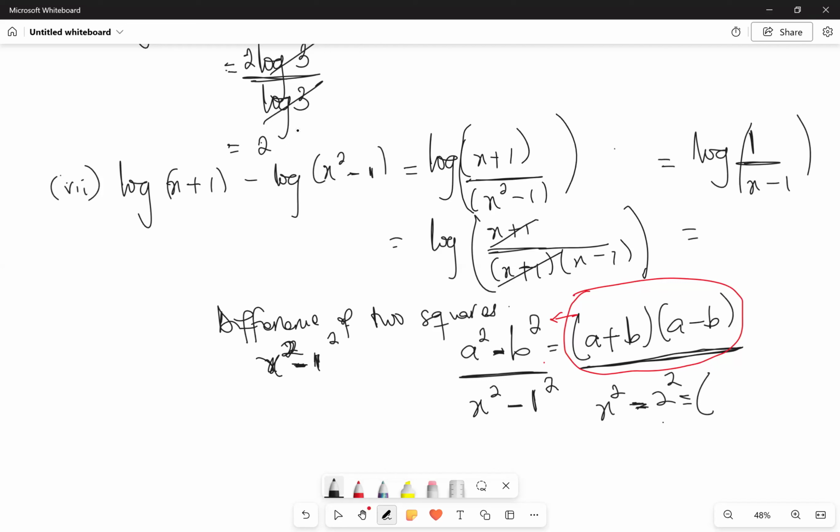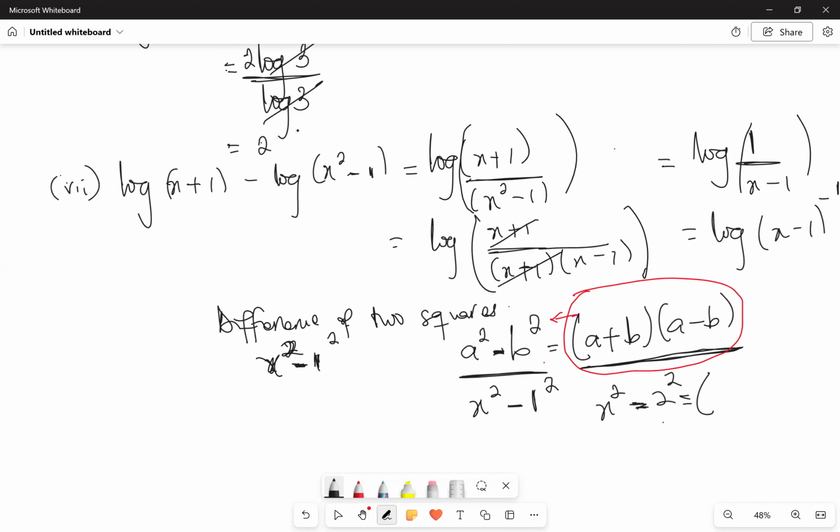So we have to continue. That's 1 over x minus 1, which is the same as x minus 1 exponent what? Negative 1. Do you remember? So back to indices. 1 over x minus 1 is the same as x minus 1 exponent negative 1.